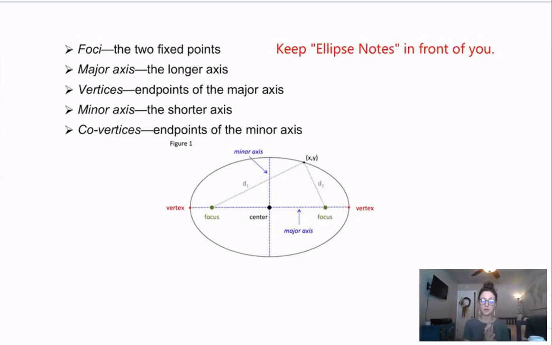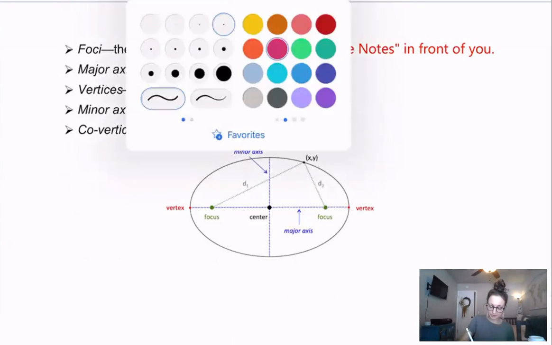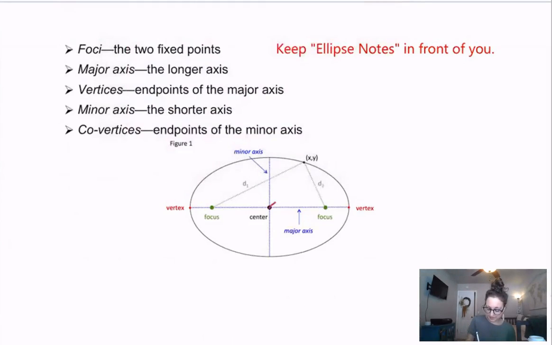So notice your equations there, and let's make sense of A, B, and C. You're going to start with your center, and then add A and subtract A to get to your vertices, which is the plural of vertex.